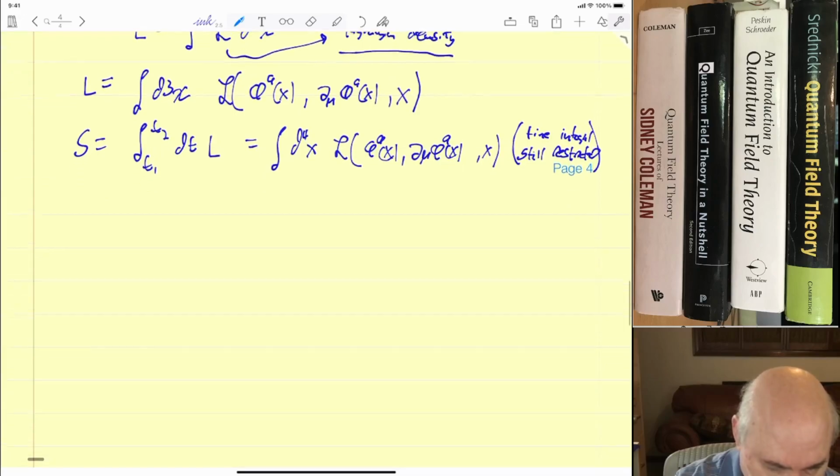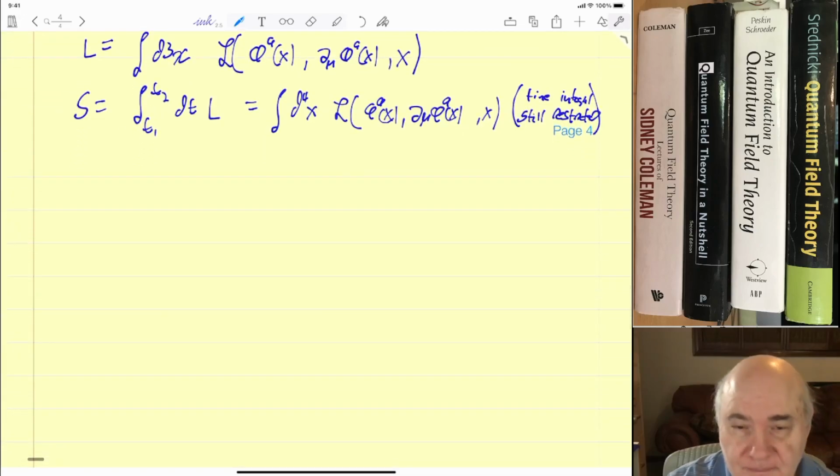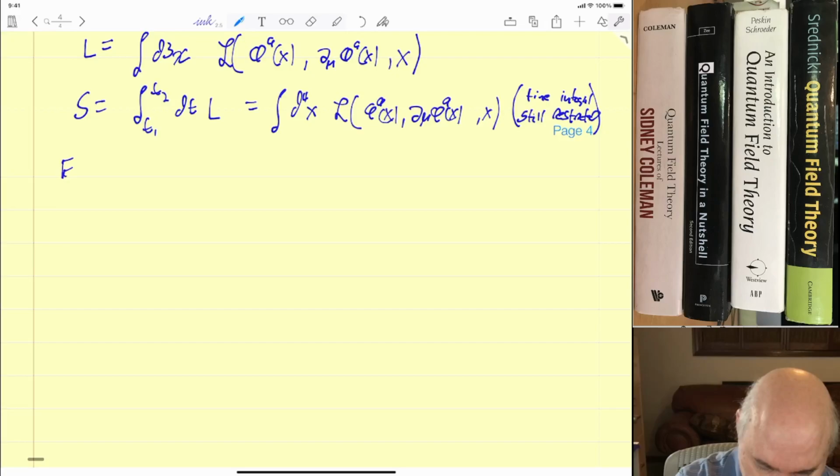Okay. Now we're going to parallel exactly what we did in the classical case, and we'll derive the Euler-Lagrange equations of motion.